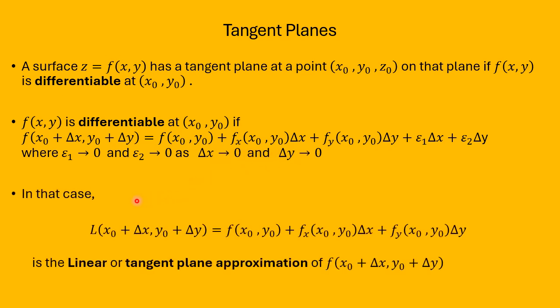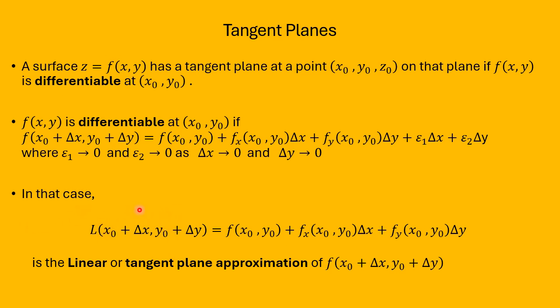In that case, we can define a function L. L(x0 plus delta x, y0 plus delta y) is f(x0, y0) plus this partial of f with respect to x times delta x plus this partial of f with respect to y times delta y. F and these two partial derivatives are all evaluated at the same point, (x0, y0).